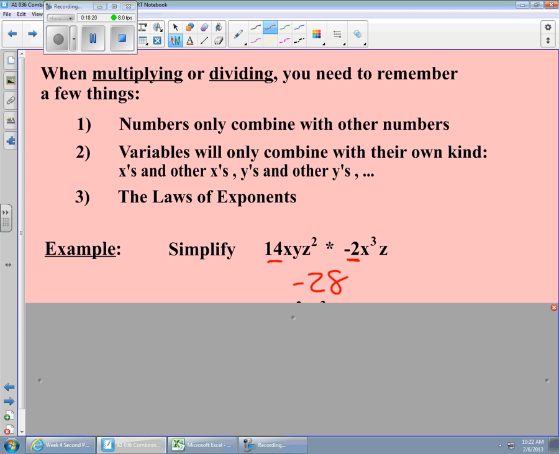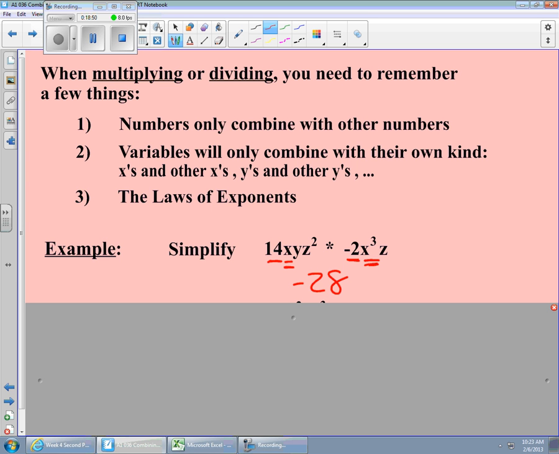Guideline number 2 up here said variables will only combine with their own kind. Well, x's right there are going to want to go get other x's. Now, as we can see, we have different exponents on our x's, and that's why we have the laws of exponents. Those x's are going to join together. What kind of math happens to join them together?